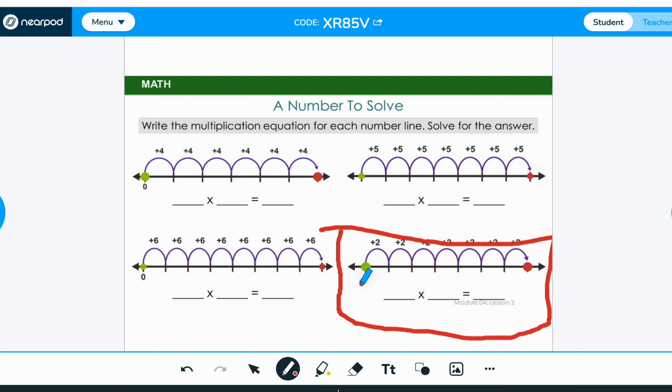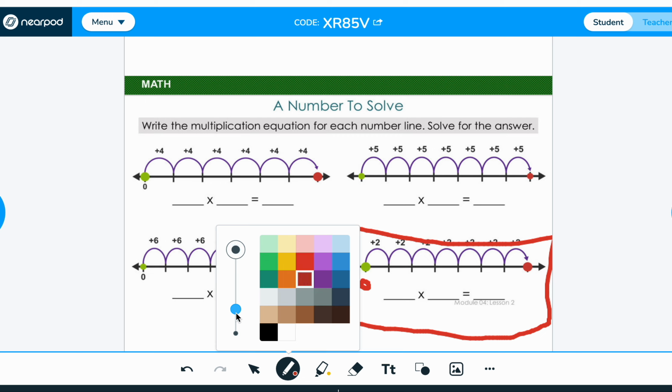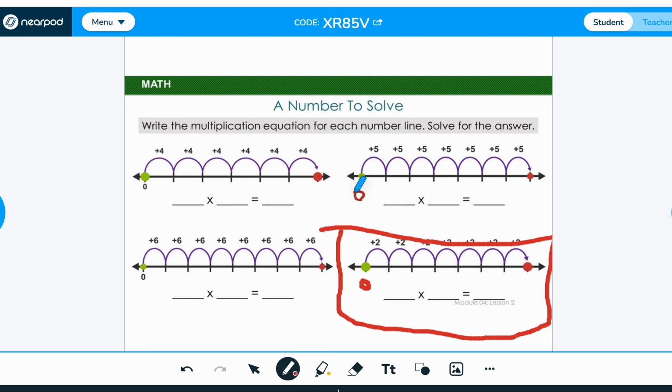If you're starting at 0, because we always start at that number 0, and then I add 2 more, I'm going to get 2, 4, 6, 8, 10, 12.